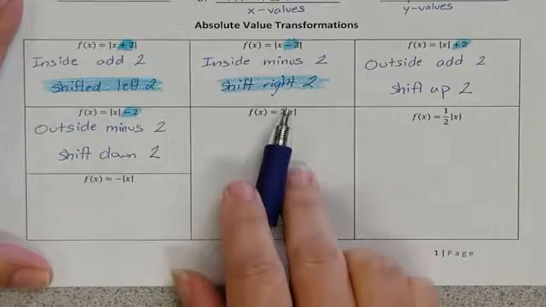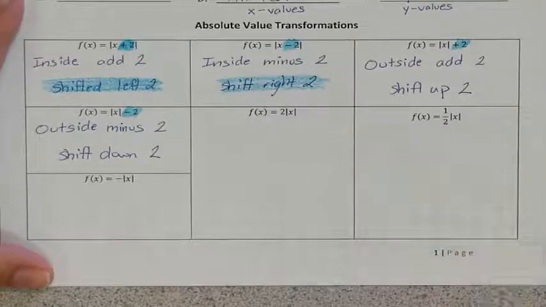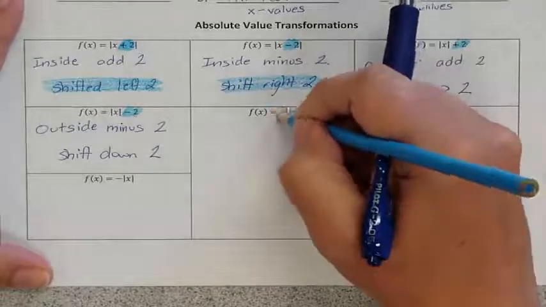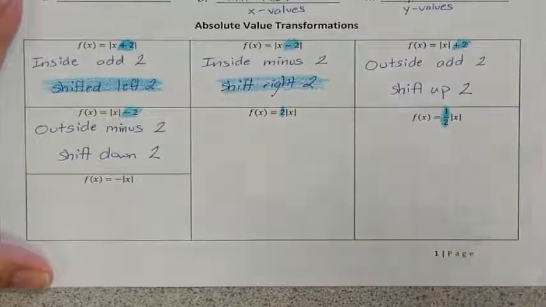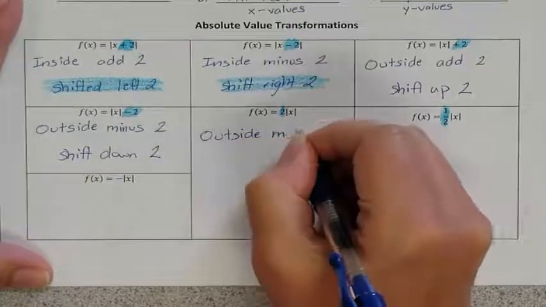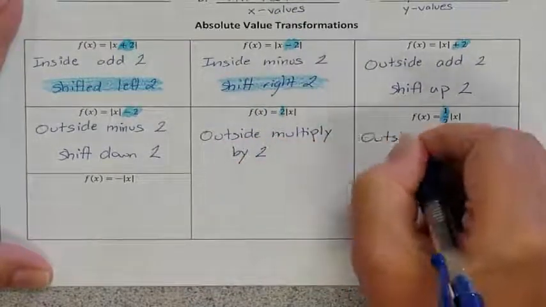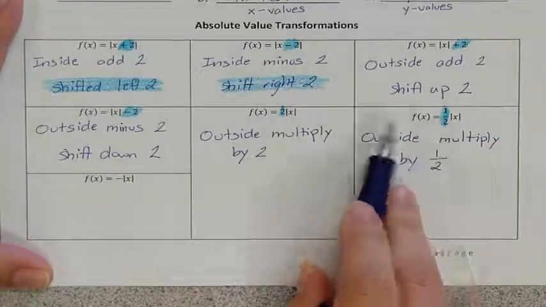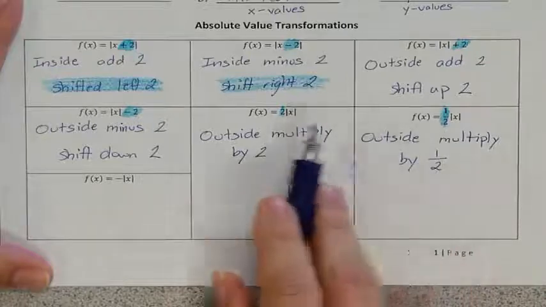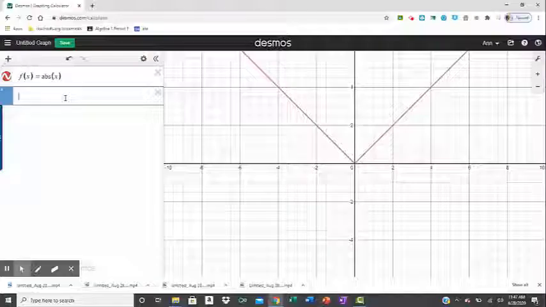Now we're no longer adding or subtracting. I see that we are multiplying on the outside by a number. So let's describe that first. In the last 2 days, we investigated what it meant to multiply on the outside.